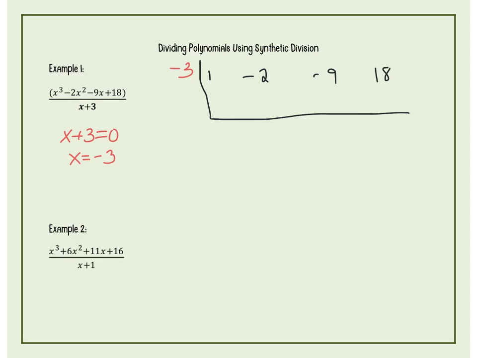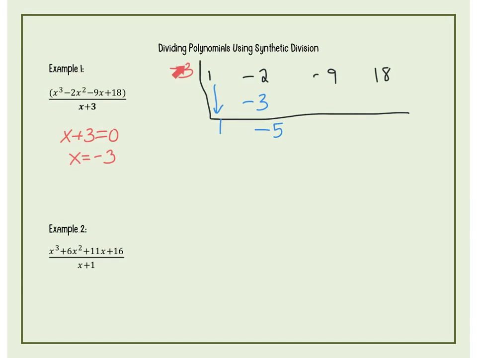Okay, so there's step 1 and step 2. Now, all these other steps are going to be a pattern. We're always going to bring down the first number every single time. Then we're going to multiply, add, multiply, add, multiply, add until we can't anymore. So we take this number and multiply it by the outside number. 1 times negative 3 is negative 3. Add that column together, we get negative 5.